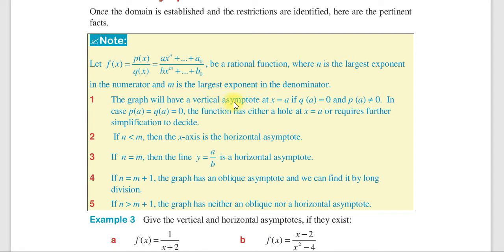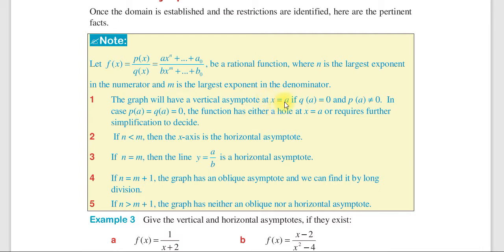አንደኛ the graph will have a vertical asymptote at x which is equal to a if q of a which is equal to 0 and p of a differs from 0. In case p of a which is equal to q of a which is equal to 0, the function has either a hole at x which is equal to a or requires further simplification to decide ይለናል። ስለዚህ vertical asymptote የሚኖረን የት ላይ ነው?